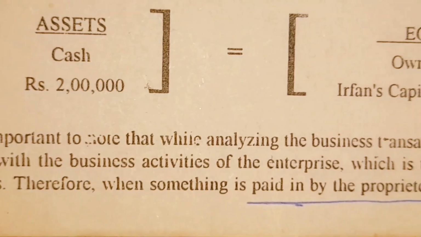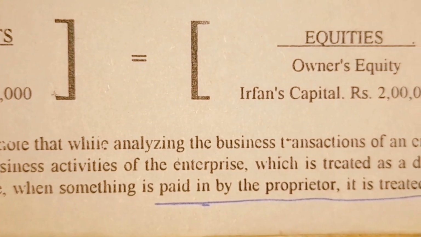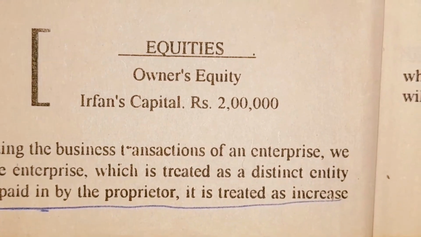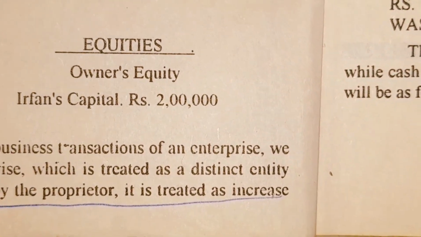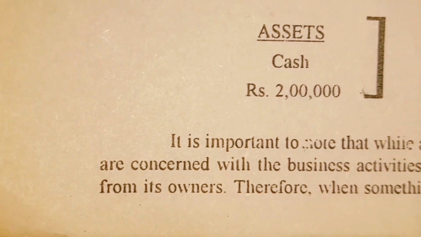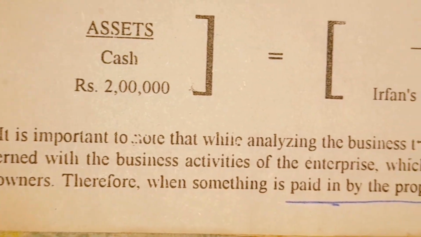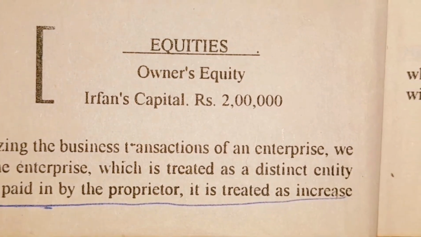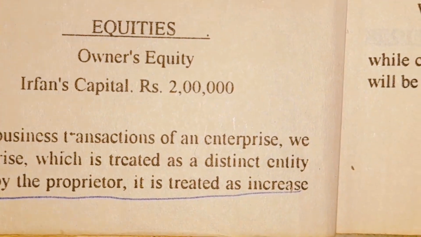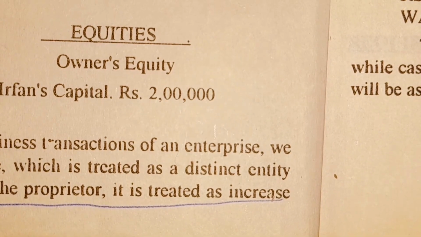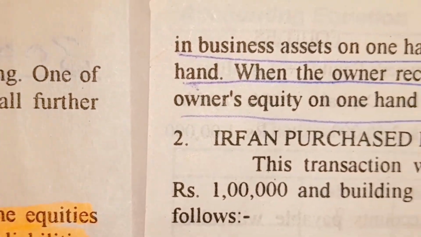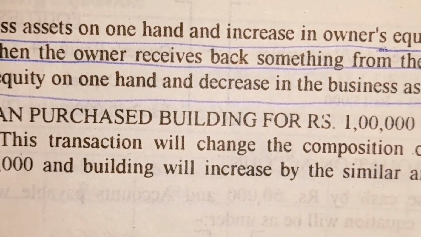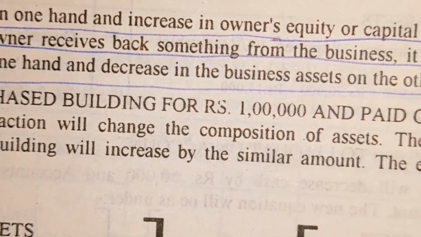Therefore, when something is paid in by the proprietor, it is treated as an increase in business assets on one hand and an increase in owner's equity or capital of the owner on the other hand. When the owner receives back something from the business, it is treated as a decrease in owner's equity on one hand and a decrease in the business assets on the other hand.